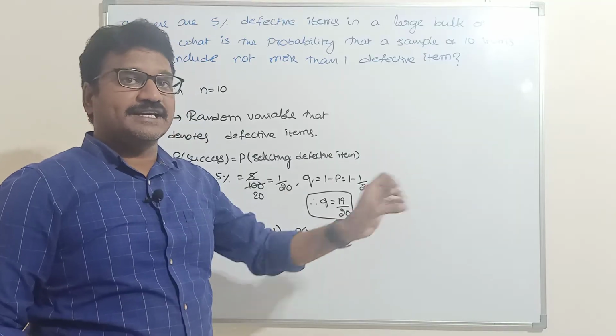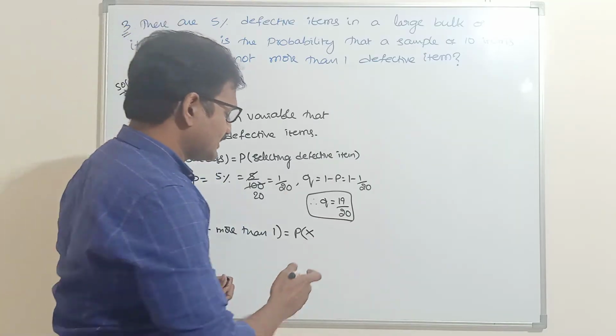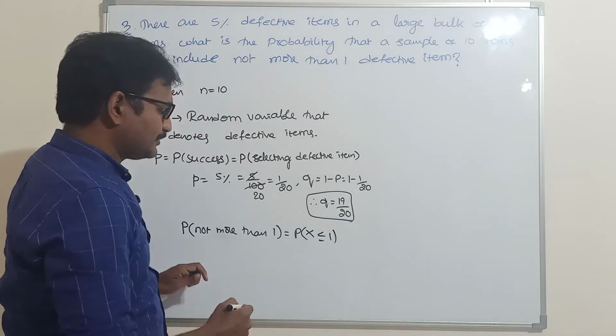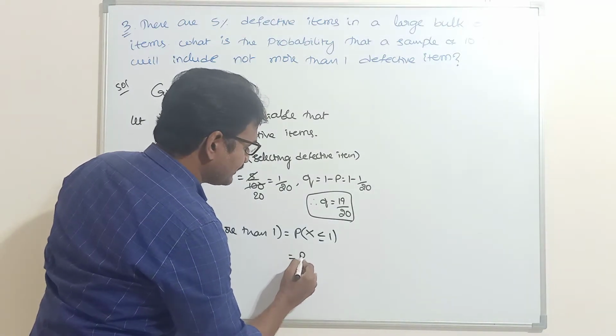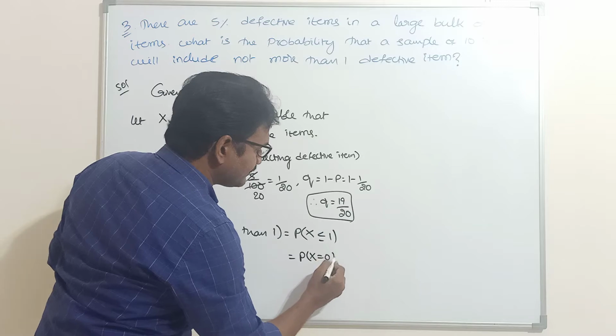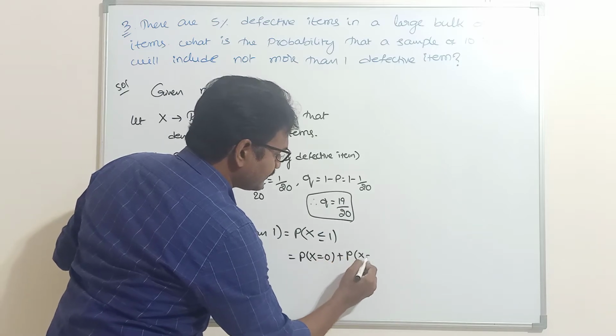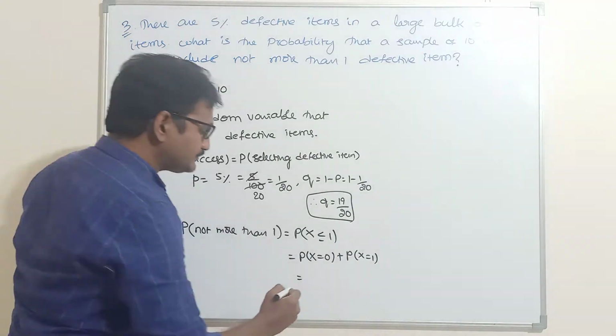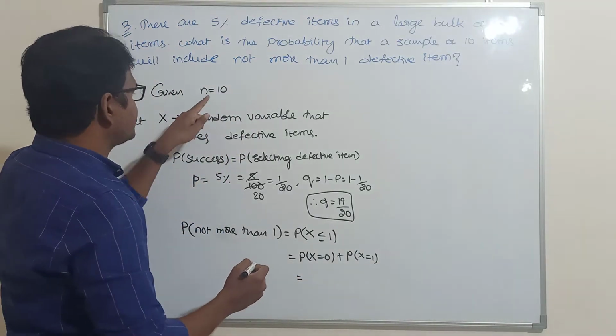More than 1 means greater than 1. Not more than 1 means less than or equal to 1. So less than or equal to 1 means P of X equal to 0 plus P of X equal to 1. P of X equal to 0 means nCx, where n value is 10.